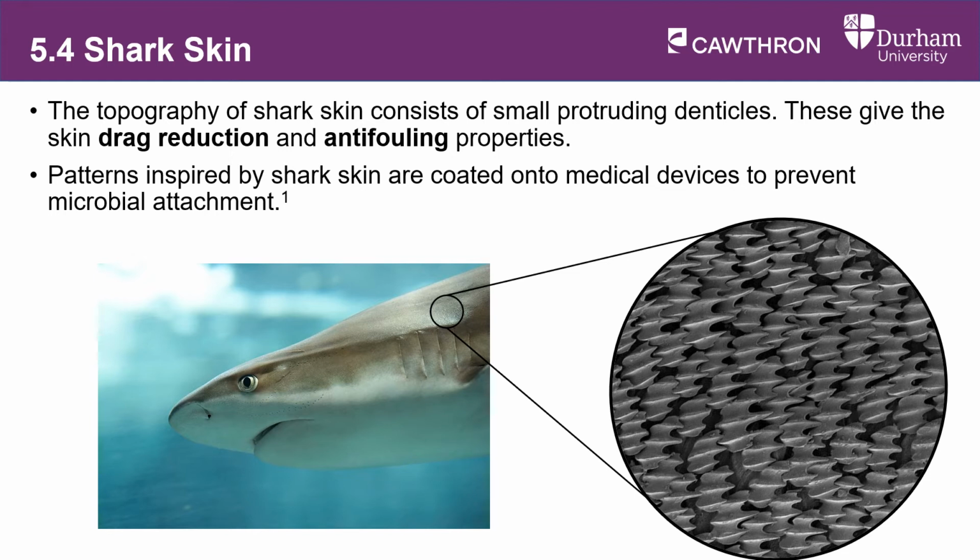The anti-fouling characteristics of the shark skin are due to the roughness created by the tiny riblets. Patterns inspired by shark skin have been manufactured to be applied as a coating to medical surfaces such as catheters and wound dressings to prevent microbial attachment and therefore infection.